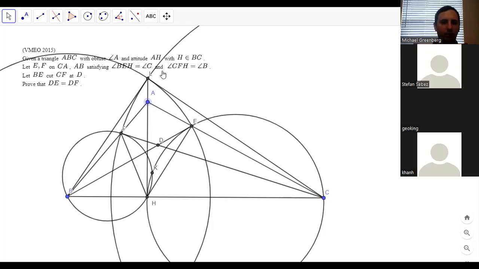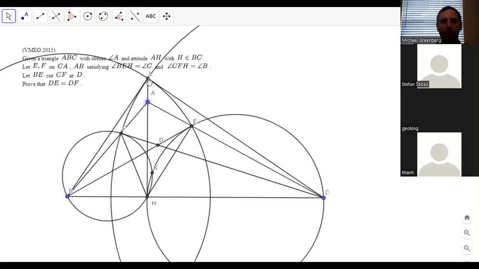And since we know that BH times BC is BE squared, which is BL squared, I think that kind of proves it, right? Because, actually, maybe not. We have to show that A lies on the altitude from L. Well, no, I think it's kind of obvious because we know AH is perpendicular to BC.